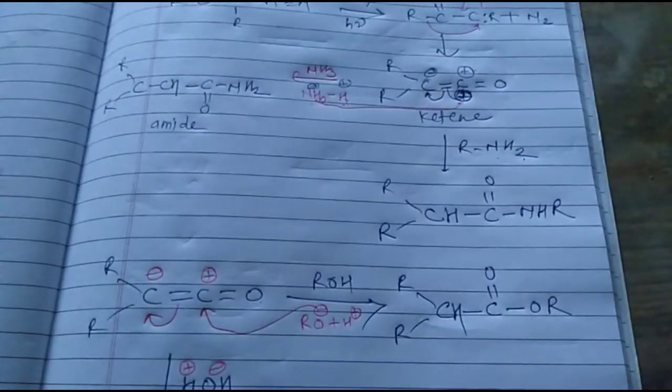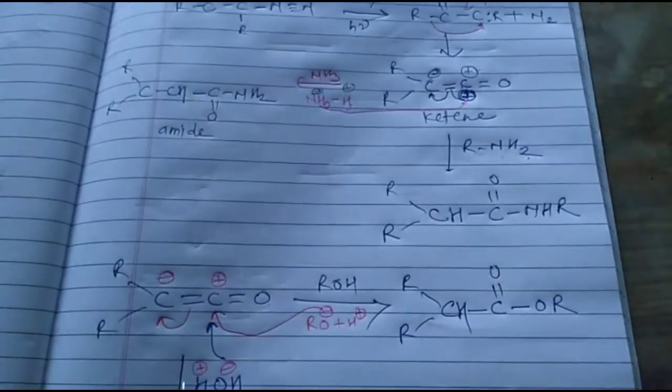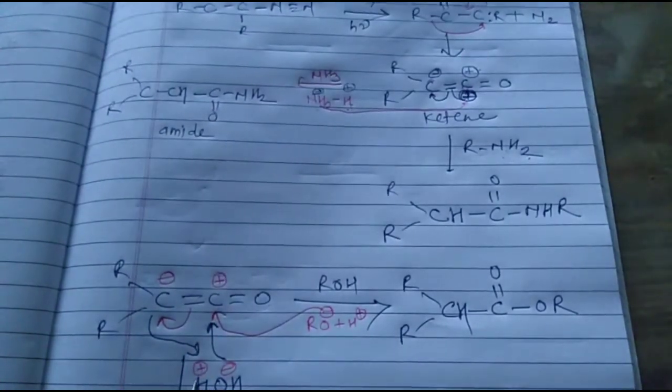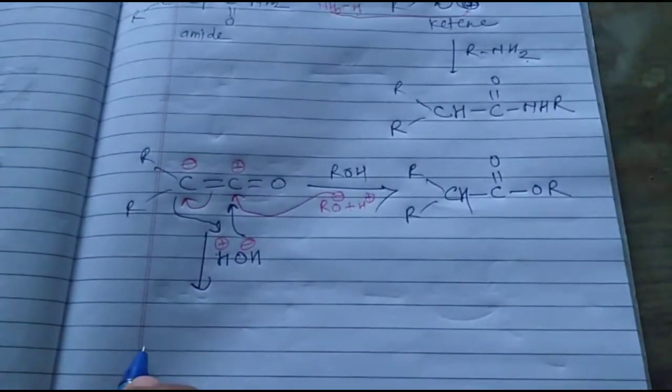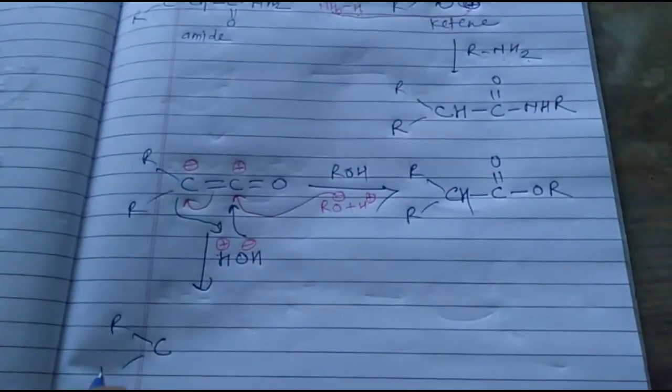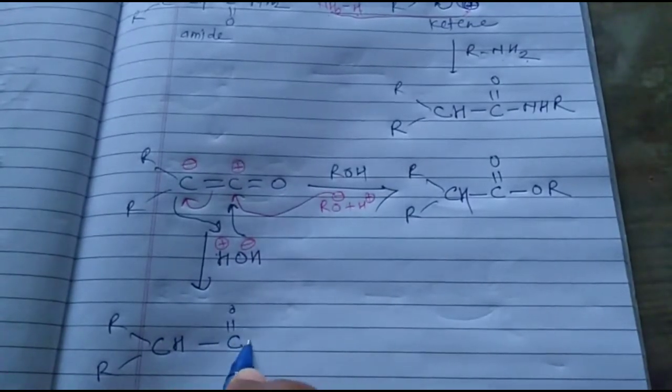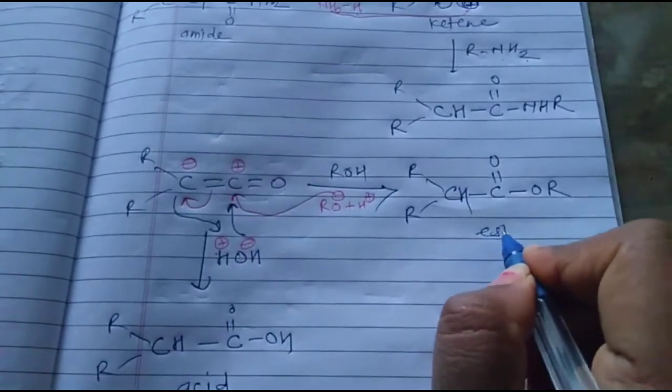This OH minus attacks this carbonyl, and this carbon is attacked by the H plus ion, and there is a formation of R R C H C double bond O OH, an acid.